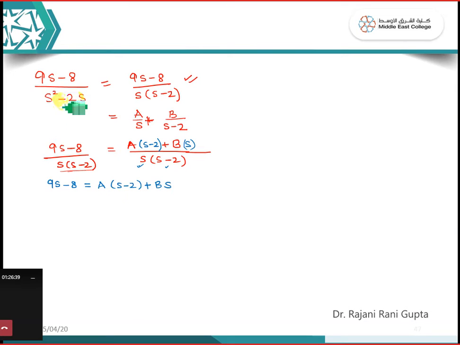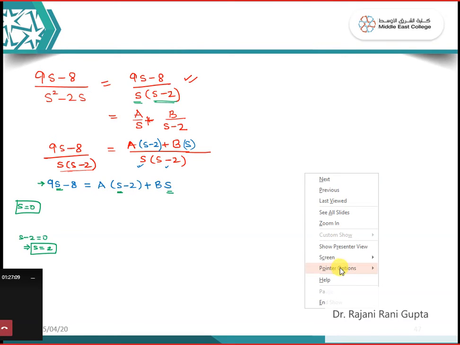So again we work on the same idea. We have s and s minus 2. So we substitute s equal to 0 and we substitute s minus 2 equal to 0, which gives you s equal to 2. So we are going to use these two values in this equation. You have to change s on both sides, here, here as well as here.